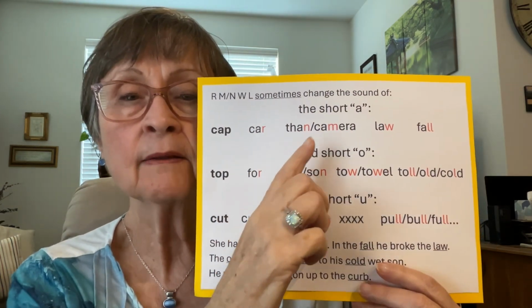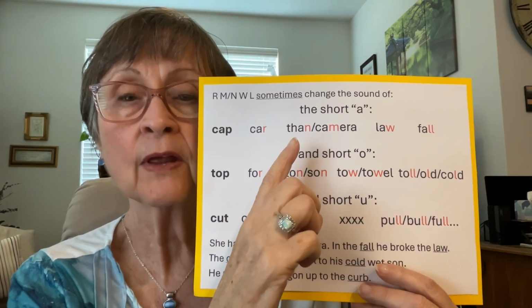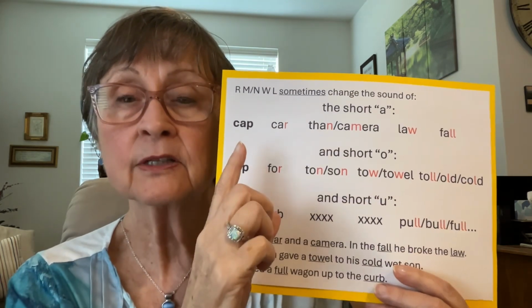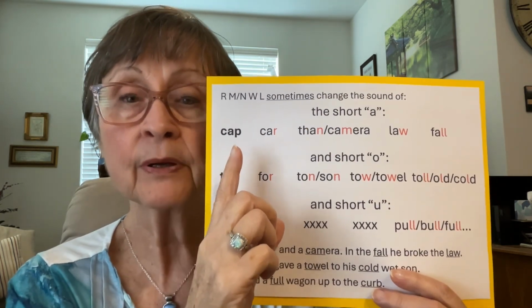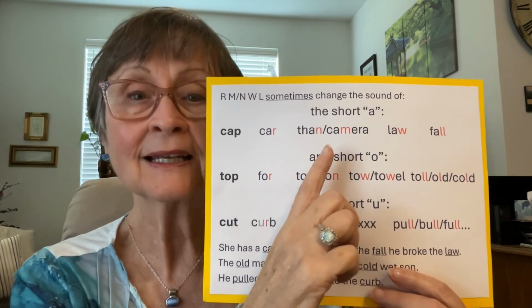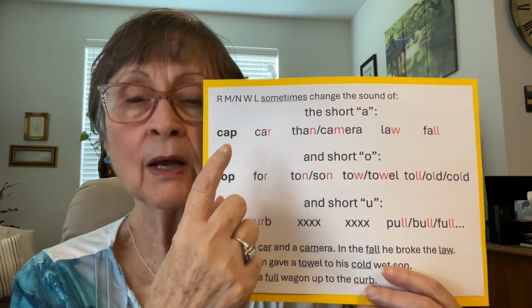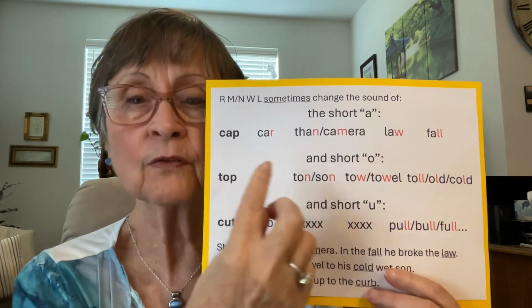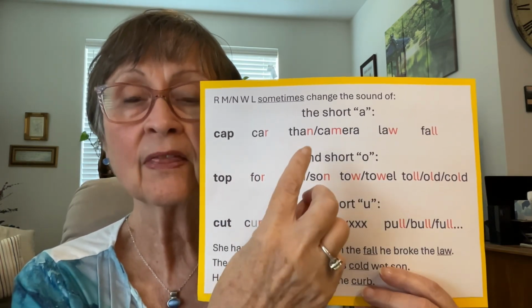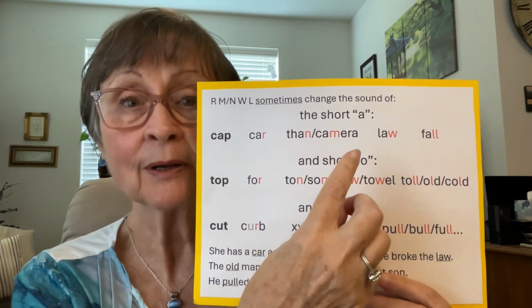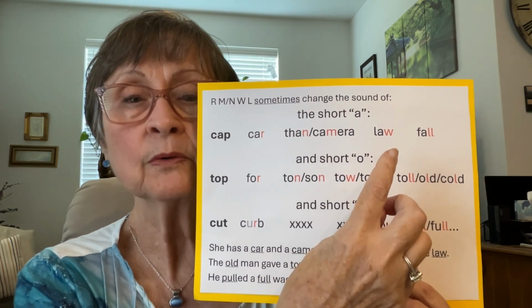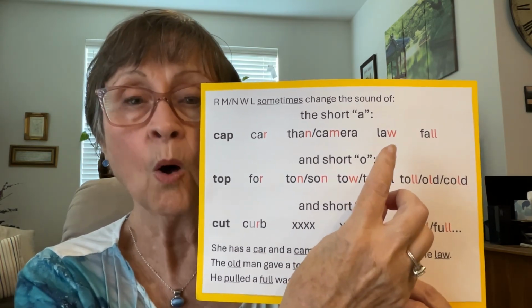The N and the M change the A just a little bit. Listen to cap, van, camera. It's a little bit more open, not much. And you may not even hear the difference. Cap, van, camera. And then a W will change it to aw, law.